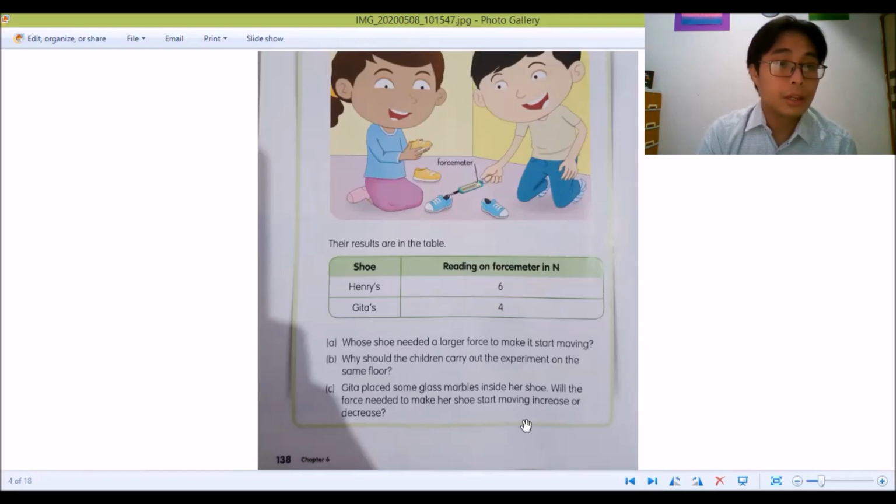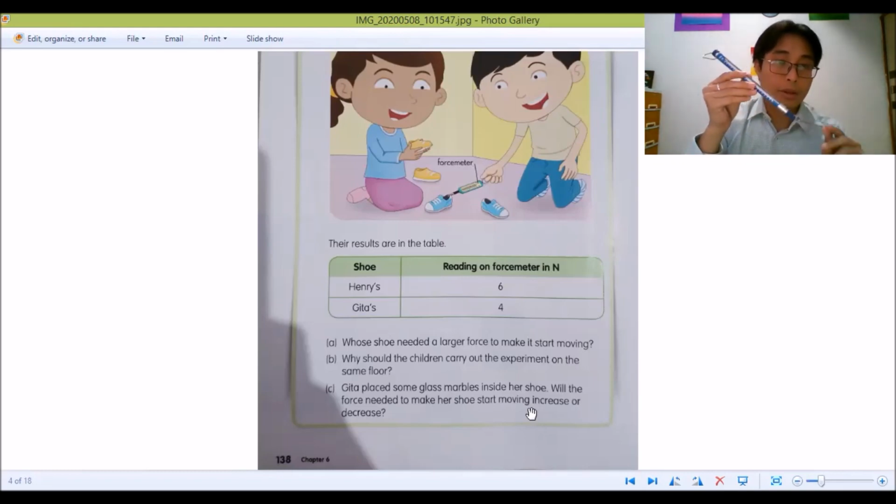So obviously, if we put something more on the thing, like the example that we have on a block with rock, the pulling force increases. So the answer here is increase. So that's it. That is the end of our subtopic lesson for today.